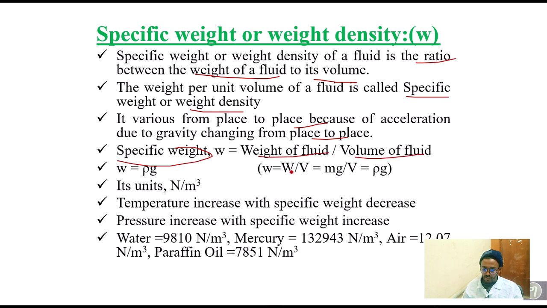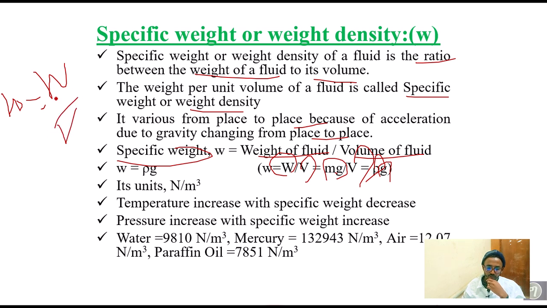We have the weight, we have the volume, and we all know weight is mg, right? So we have m over V, which is density, times g. I think you got my point, right? So let's say the specific weight is the small w, which is equal to weight of the fluid over volume of the fluid.